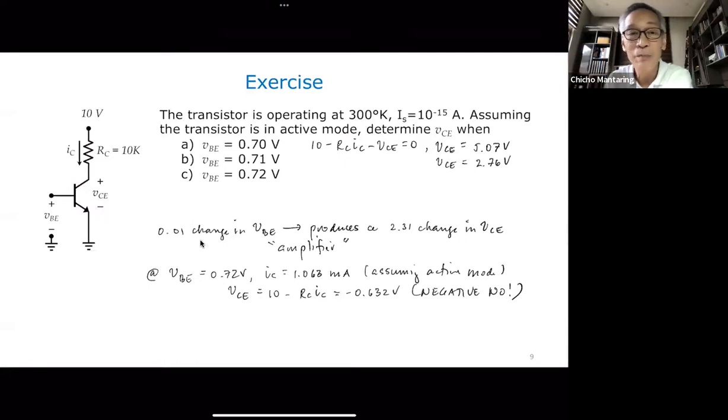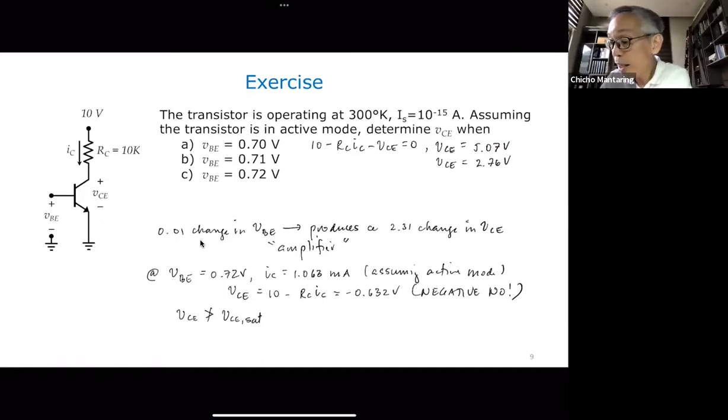If you already have a feel for these values, you're already going to see that there's something wrong with this. Because why will I have an increasing voltage from this point to this point? But what is this? This is indicative. First of all, your VCE is not greater than VCE SAT.